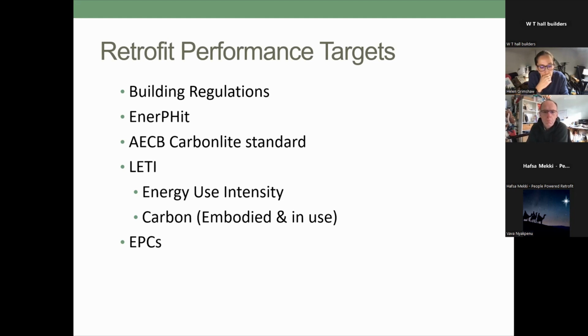I realise for this audience, mainly professionals already working within the field, that may be less appropriate, but for a more general audience of householders, that's quite a useful thing. Rather than people not doing anything whatsoever, there is recognition that a standard could be achieved at quite a basic level.